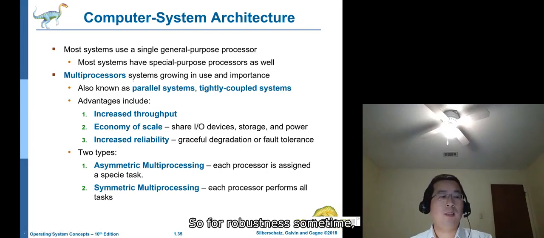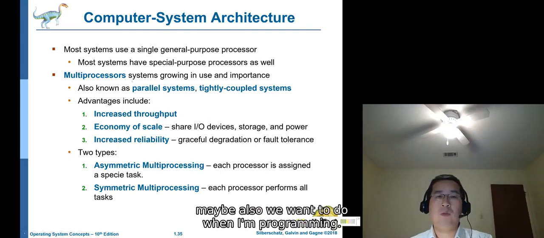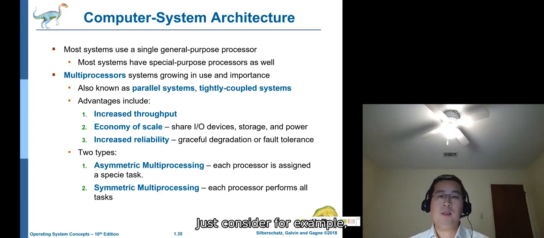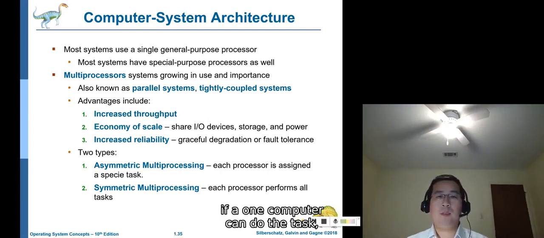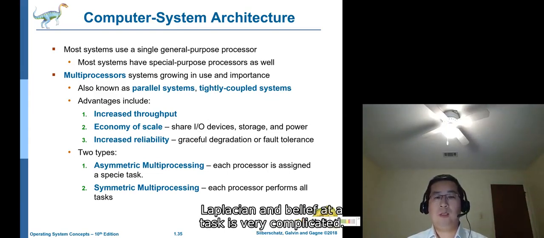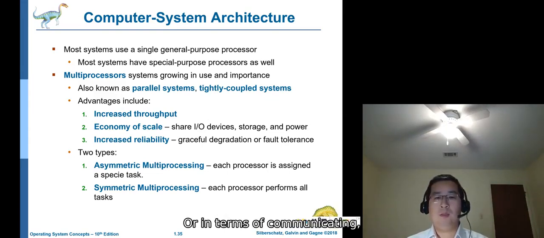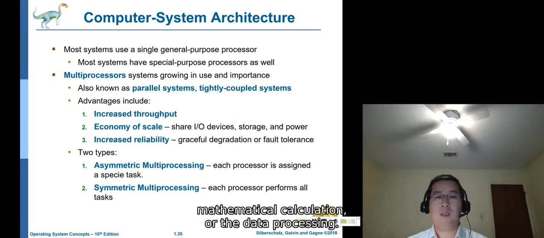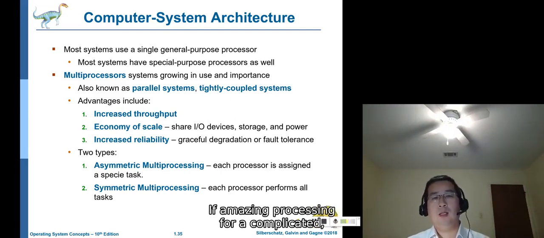Besides robustness, sometimes we also want to do parallel programming. Just consider, for example, if one computer can do the task, no problem. But if the task is very complicated, or a large amount of data needs to be processed, and the mathematical calculation or information processing is very complicated.